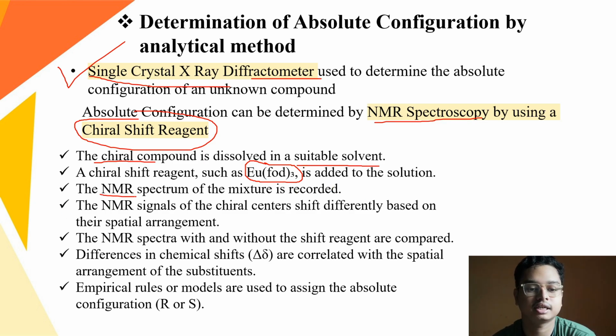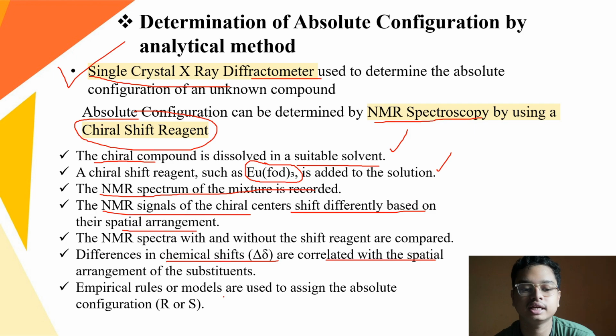Okay, so the NMR spectrum of the mixture is recorded. The NMR signals of the chiral center shift differently based on their spatial arrangement. We record the NMR spectrum of the chiral compound that was generated, and after adding the chiral shift reagent, the NMR spectrum is recorded again. Both spectra show a subtle difference in chemical shift, which is correlated with the spatial arrangement.